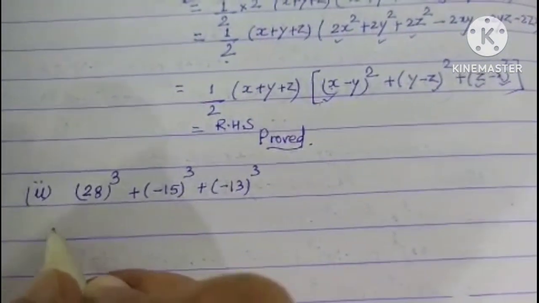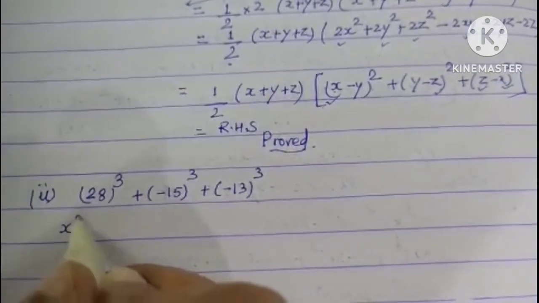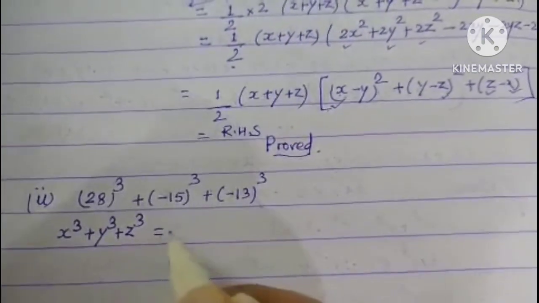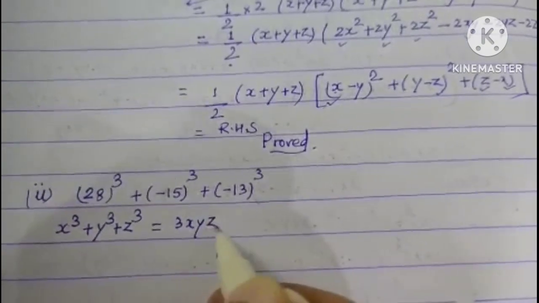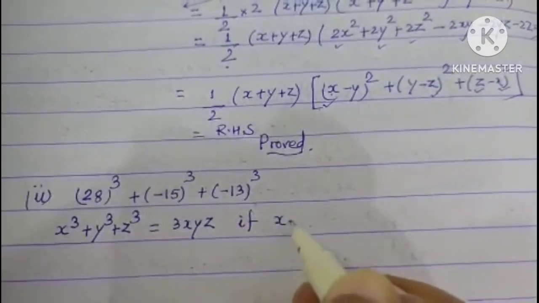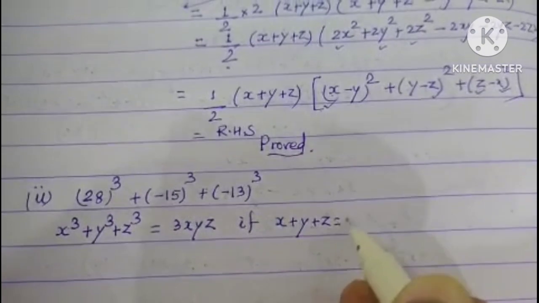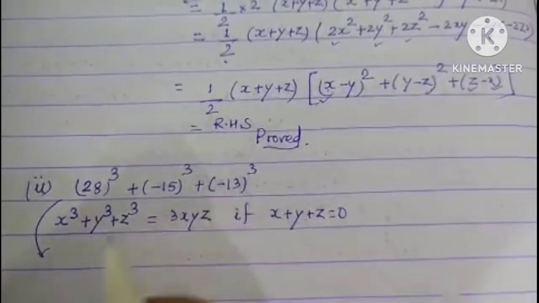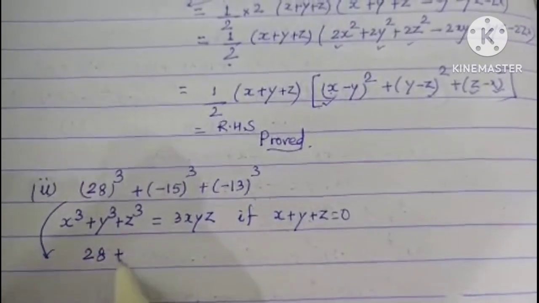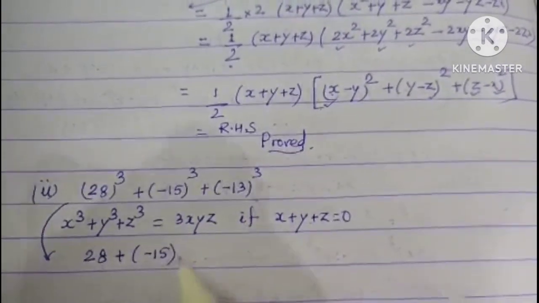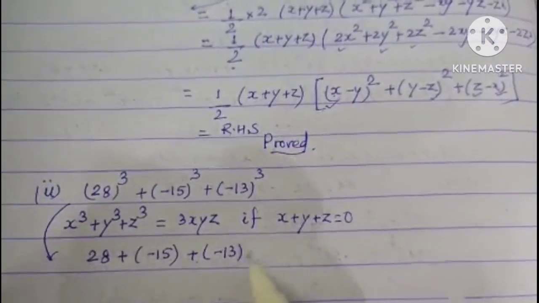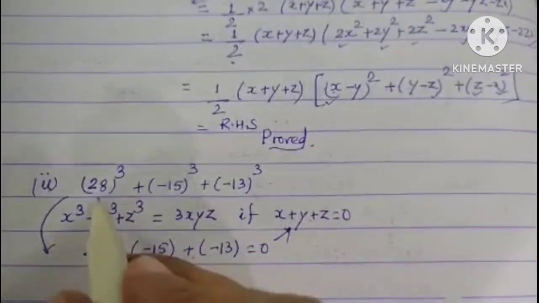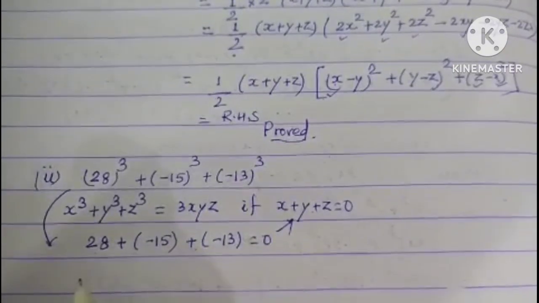Actually it is based on the identity that x cube plus y cube plus z cube is equal to 3xyz if x plus y plus z is equal to 0. Basically here, if this is x, this is y, this is z, then 28 plus minus 15 plus minus 13 is equal to 0. So x plus y plus z is equal to 0. So we can write this one as 3xyz.